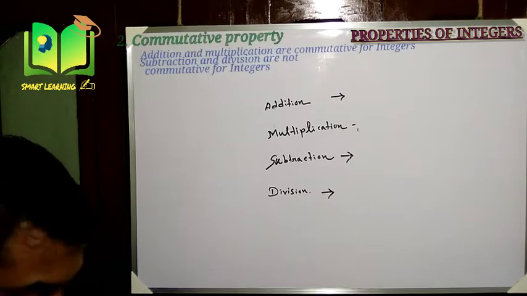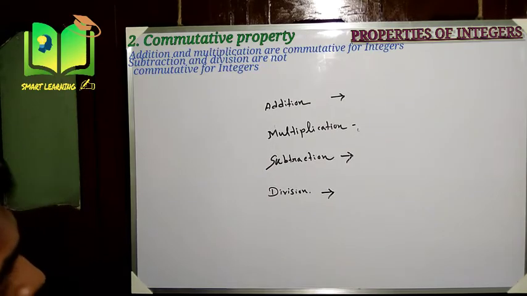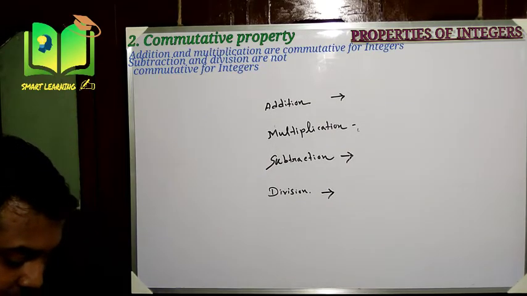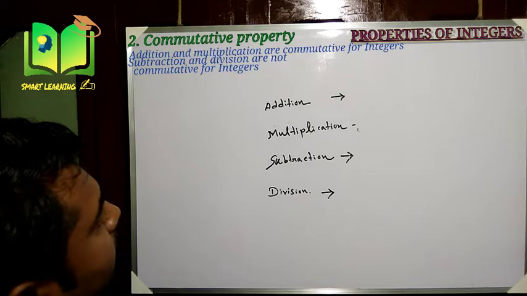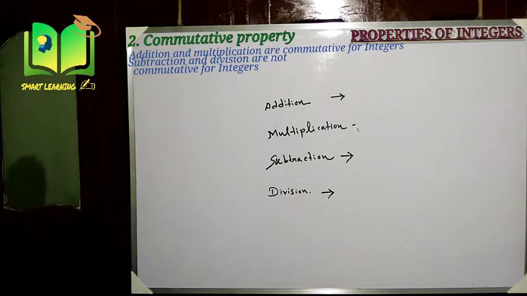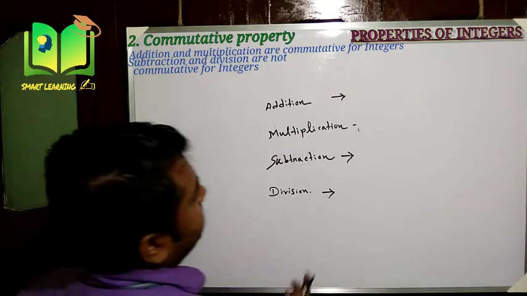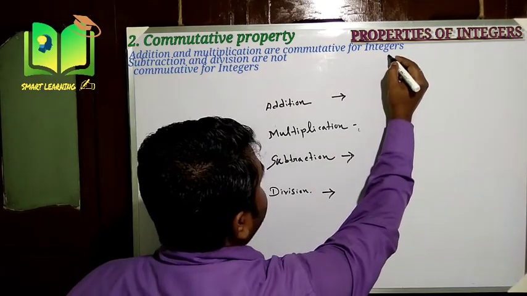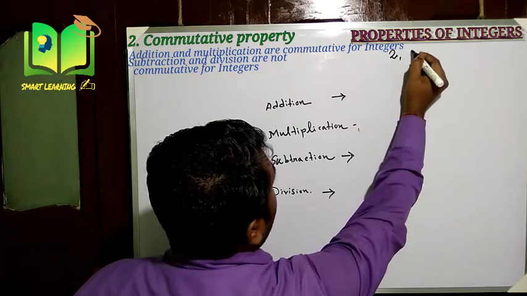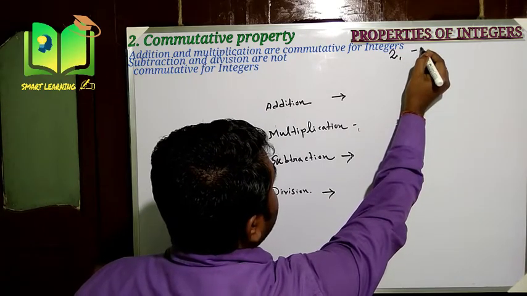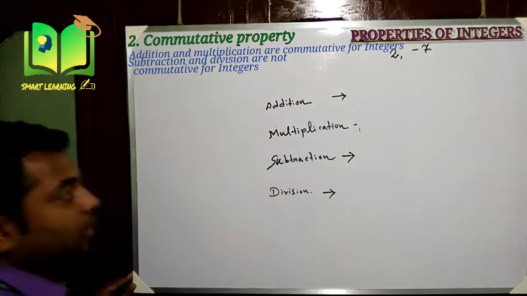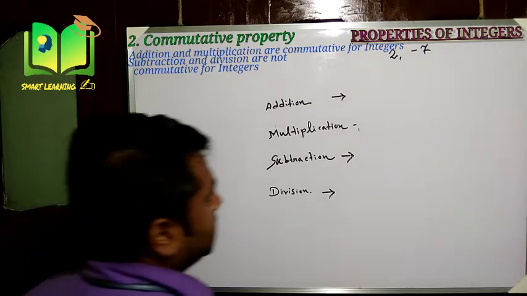Next property is commutative property. See a few examples, after that we will discuss what commutative property says. See, addition. Suppose you are taking two terms, 2 comma minus 7, one positive term, one negative term.